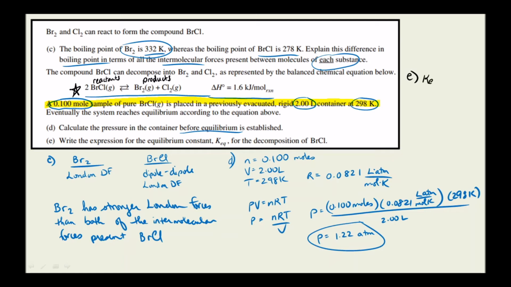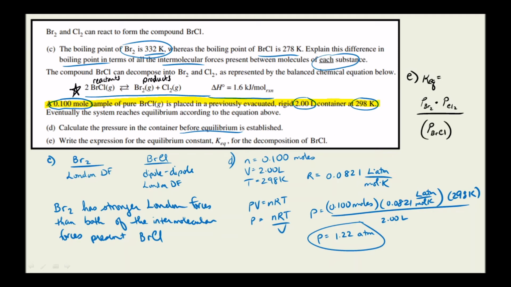Here we're going to write out the pressure-based equilibrium constant. So KEQ is equal to, so the pressures of the products multiplied together over the pressure of the reactants. So products, we have pressure of Br2 times the pressure of the other product, Cl2, divided by the pressure of the reactant, which is BrCl.